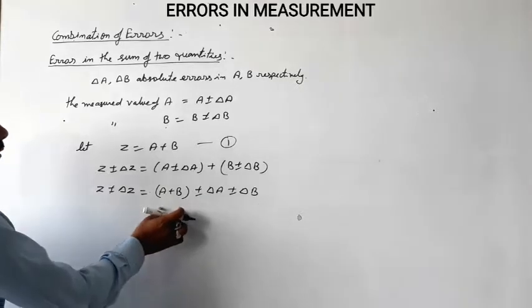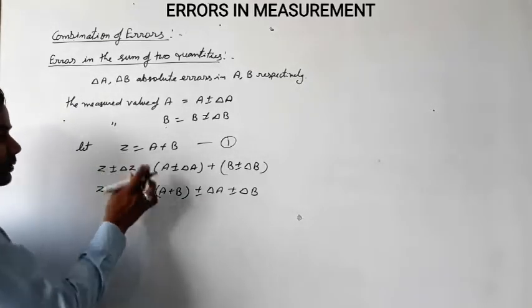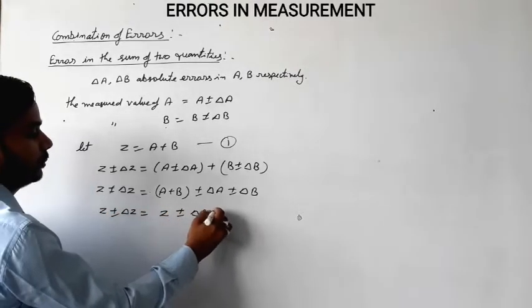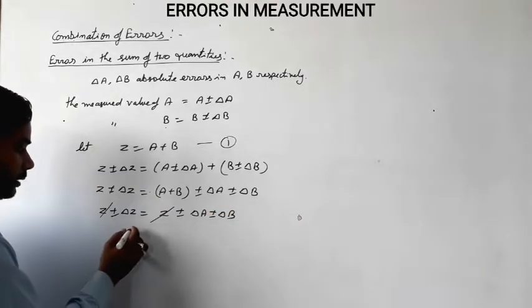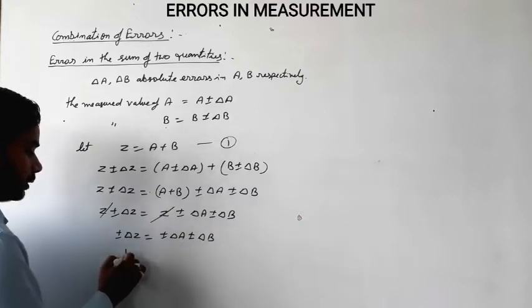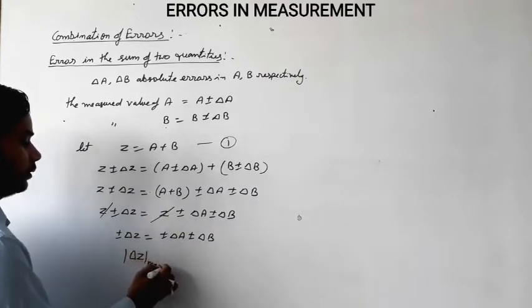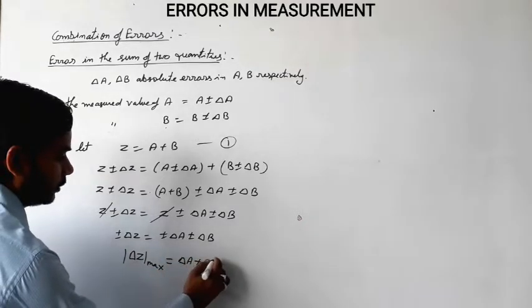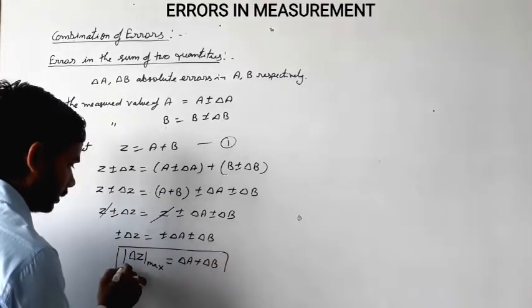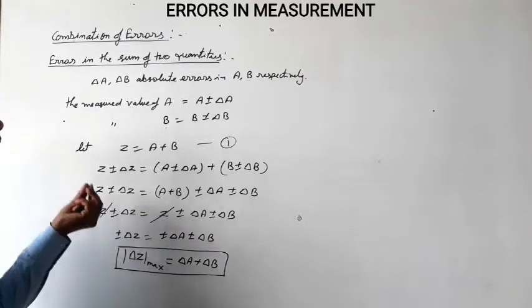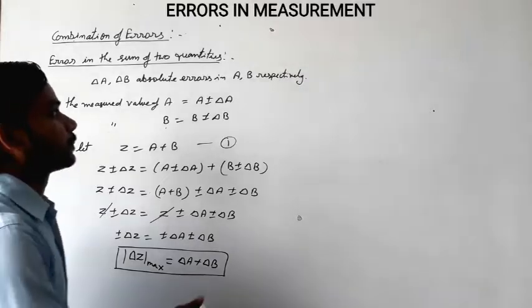From equation 1 we put the value of A plus B as Z. So Z plus minus delta Z equals Z plus minus delta A plus minus delta B. Then Z will cancel, so plus minus delta Z equals plus minus delta A plus minus delta B. The maximum value of delta Z will be delta A plus delta B. So if two quantities are added, then the errors will also add at the same time.